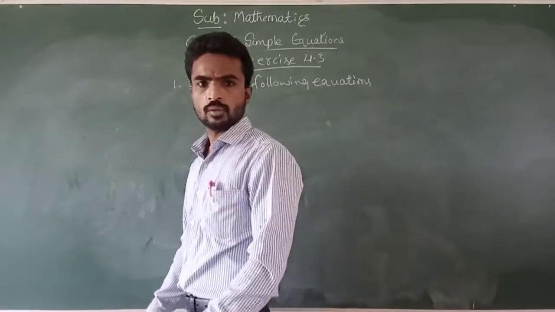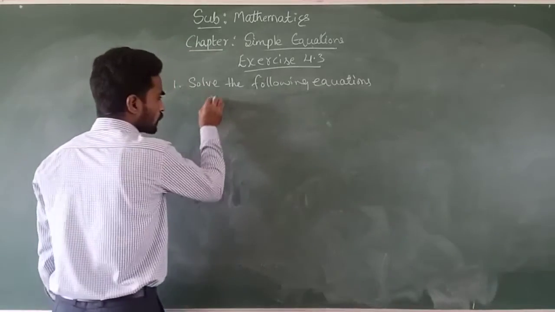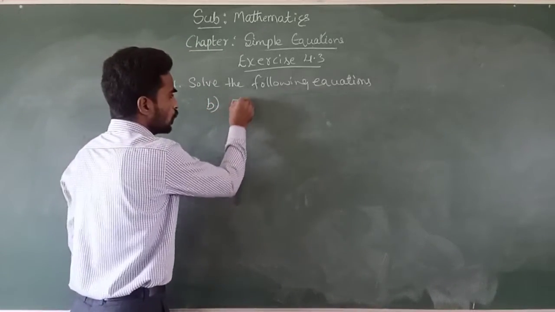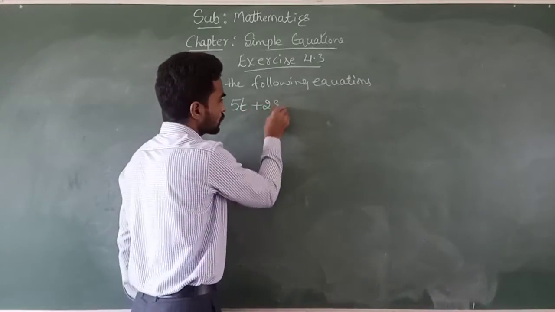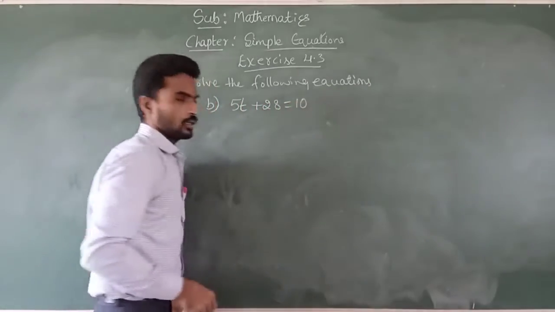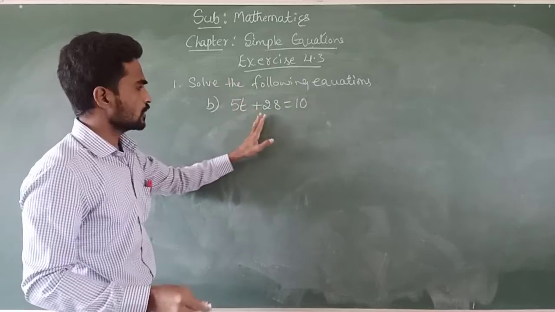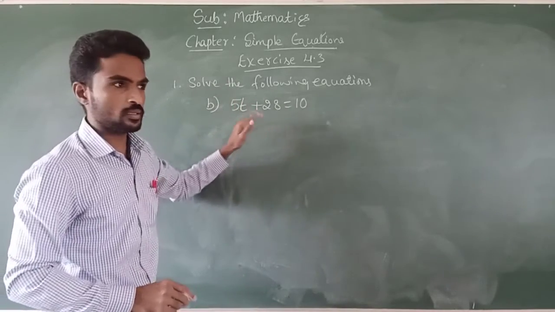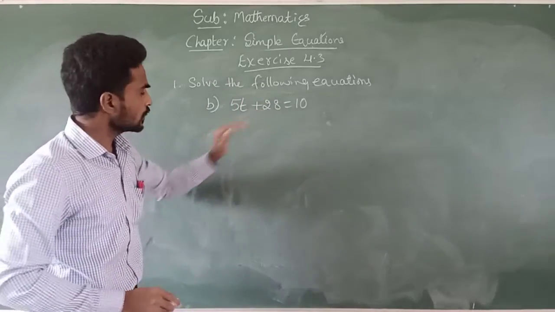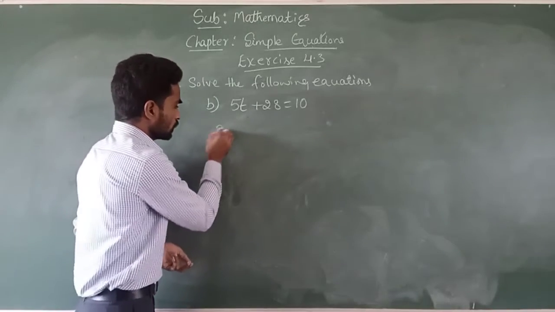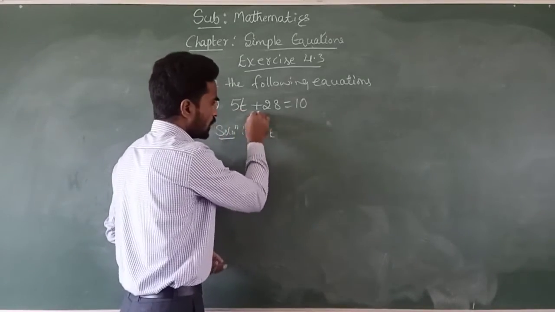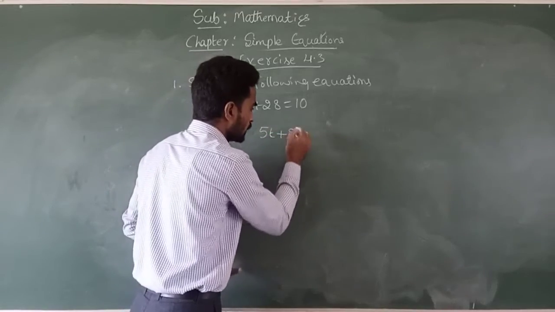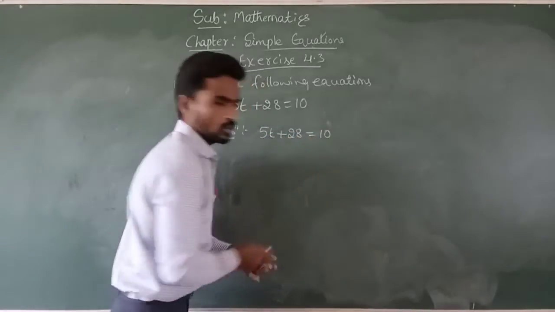Now we move on to sub question B, which is 5t plus 28 is equal to 10. We can solve this equation, that means find the solution of this equation. Now I will take the equation once again, 5t plus 28 is equal to 10.